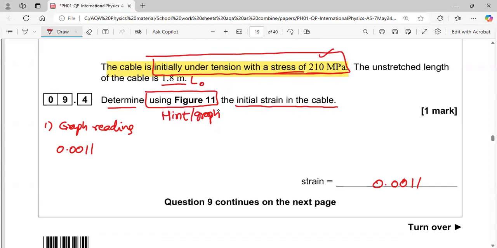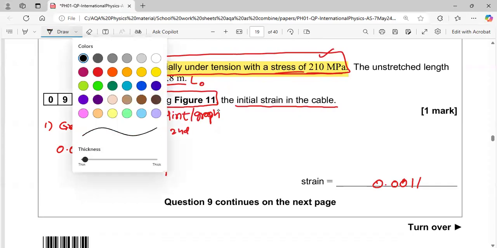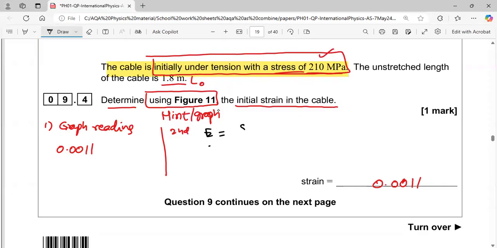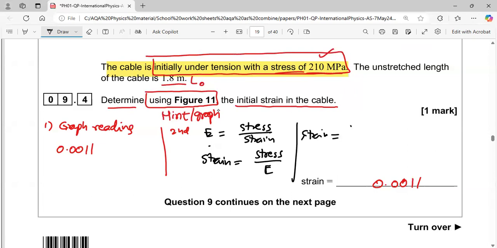The other method, the second method, is the Young modulus method. I mean, you can try that as well. Young modulus is stress over strain. And as you have to find strain, strain would be stress over Young modulus. And then you can say, okay, my strain is equal to, stress is 210 mega. So be careful that mega is 10 raised to the power 6.